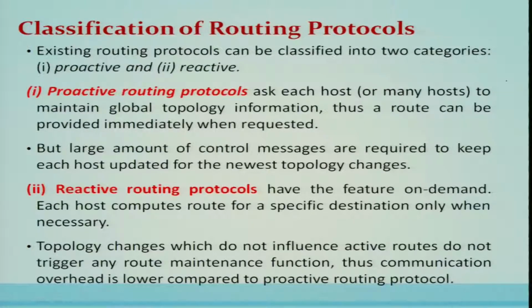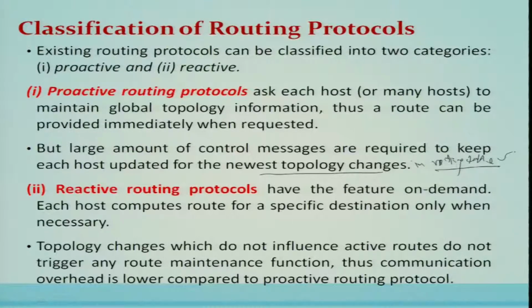But a large amount of control messages are required to keep each host updated for the newest topology changes in its routing table. So the routing table has to be updated whenever there is a slight change in the topology, and this is called proactive routing protocol. Whether it is used or not, the routing table has to be updated at all points of time.